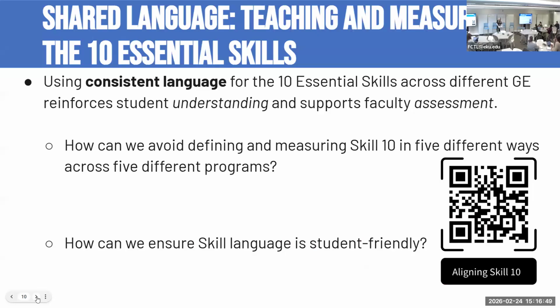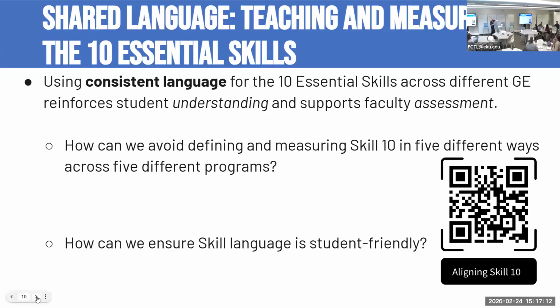So let's talk about what we need to do to bring us to a point where we can talk about the 10 essential skills. We can get those consistently throughout our gen ed curriculum. And we can be sure that we're talking about them in a consistent way and measuring them in a consistent way.